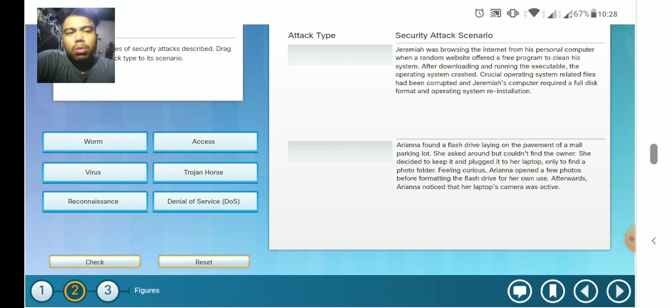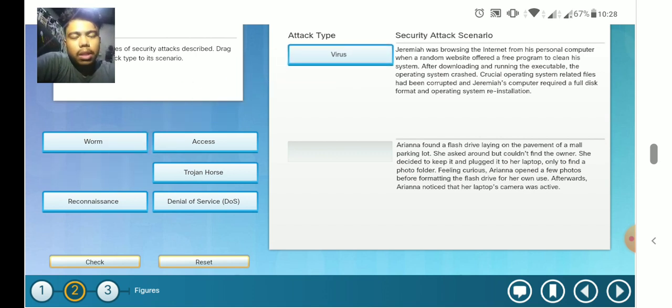You didn't know that the pop-up you repeatedly downloaded is the malware itself. If you are not aware, you're going to download it, and it can cause the shutdown of your personal computer. So it is classified as attack type virus.